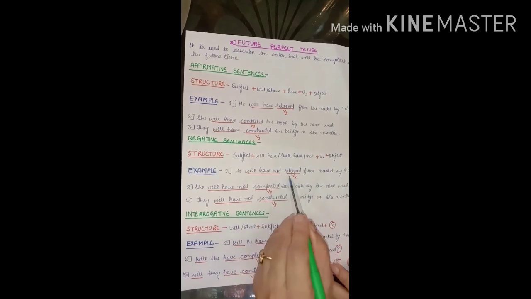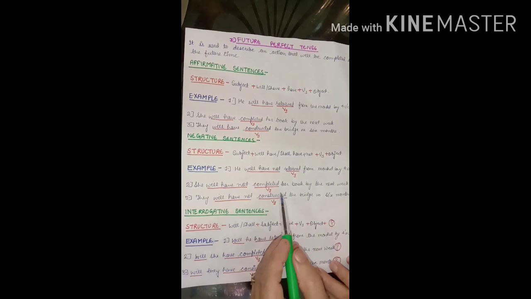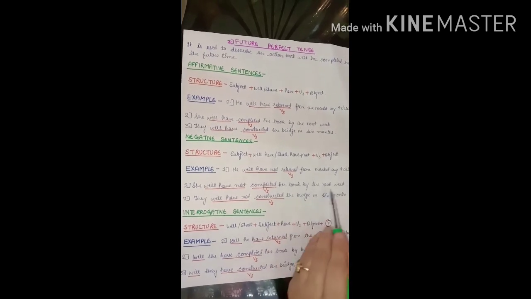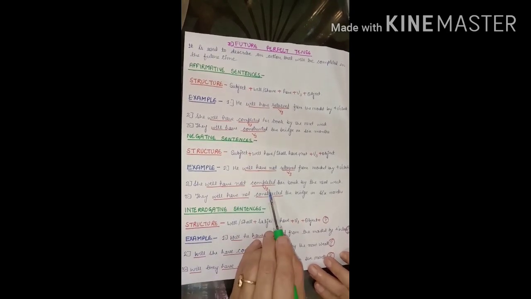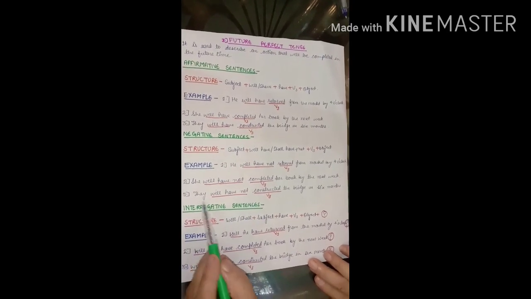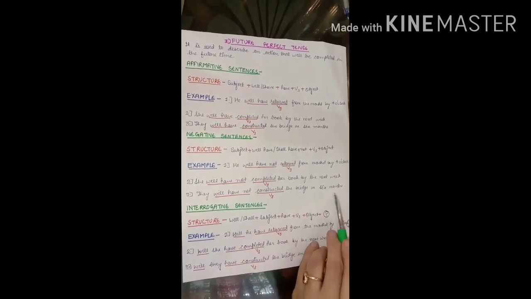Will have not, third form of verb. She will have not completed her book by the next week. Will have not is used with the third form of verb. They will have not constructed the bridge in 6 months.